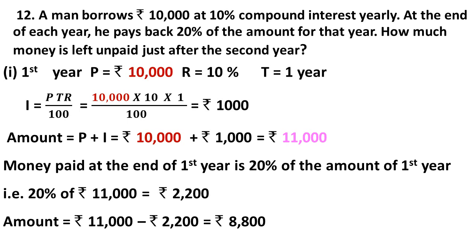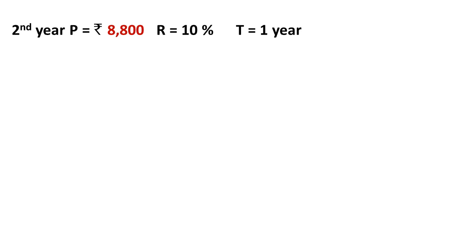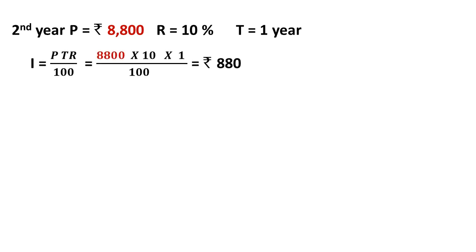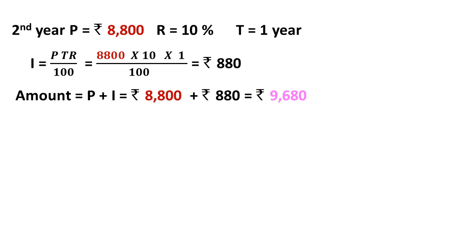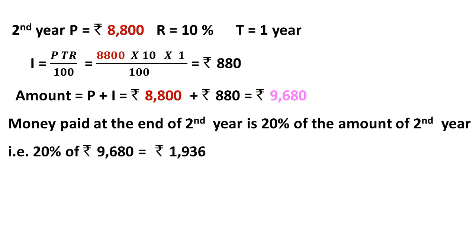Consider this as the principal of the second year, rupees 8,800, rate of interest 10%, and the amount for the second year is rupees 9,680. Calculate 20% of 9,680, which leads to rupees 1,936.